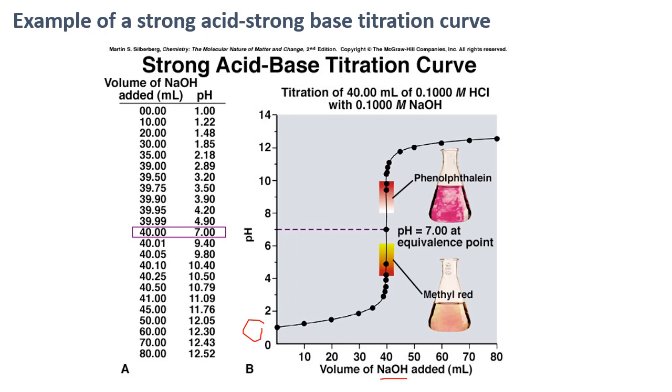The different indicators are shown, two possibilities: phenolphthalein here or methyl red. Okay, so this is an example of a strong acid, strong base titration curve, and we're going to discuss it a little bit more.